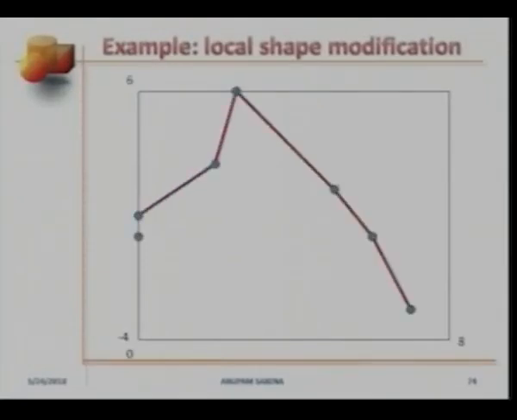Here's an example once again to show local shape control. This is our control polyline. This is our open B-spline curve, and if we move a point to a different location, only a part and not the entire B-spline curve changes in shape.